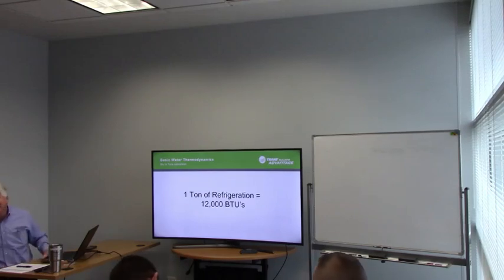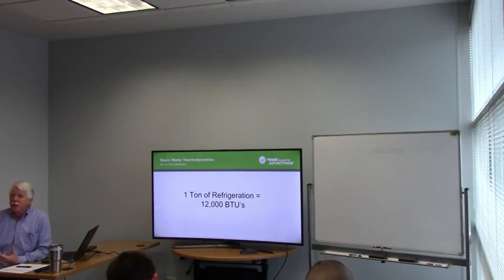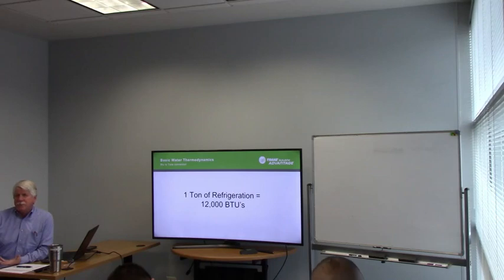All right, we're all here. And the only reason I bring that up is because heating equipment is always rated in BTUs, but cooling equipment is always done in tons. And the difference is just a factor of 12,000.